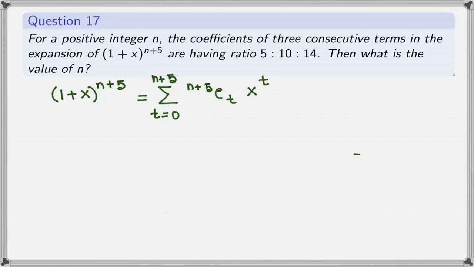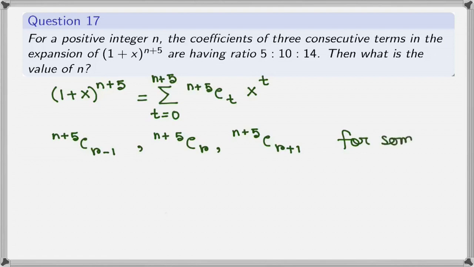Now from this binomial expansion, it is very evident that three consecutive terms will be having coefficients in the following form: (n plus 5)C(r minus 1), (n plus 5)Cr, (n plus 5)C(r plus 1) for some r which is strictly bigger than 0 and strictly less than n plus 5.